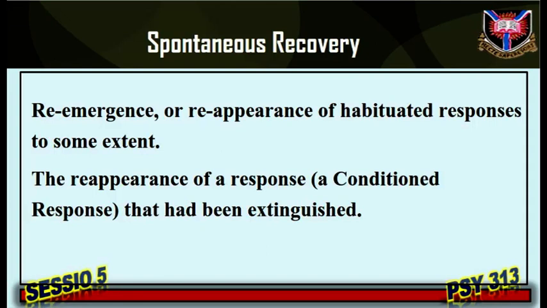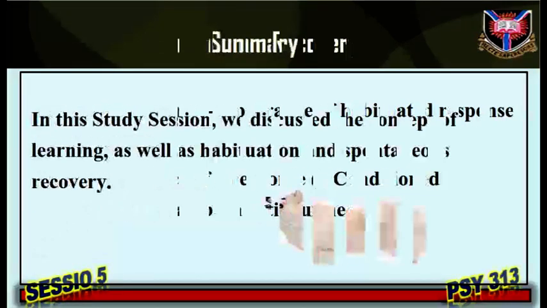Spontaneous recovery is the reappearance of a response, in brackets, a conditioned response, that has been extinguished. The recovery can occur after a period of non-exposure to the conditioned stimulus. It is called spontaneous because the response seems to reappear out of nowhere.